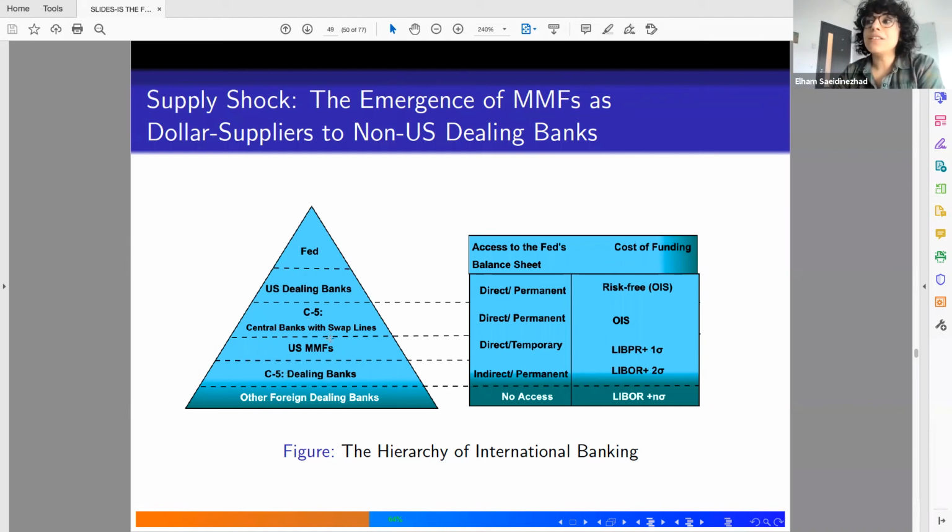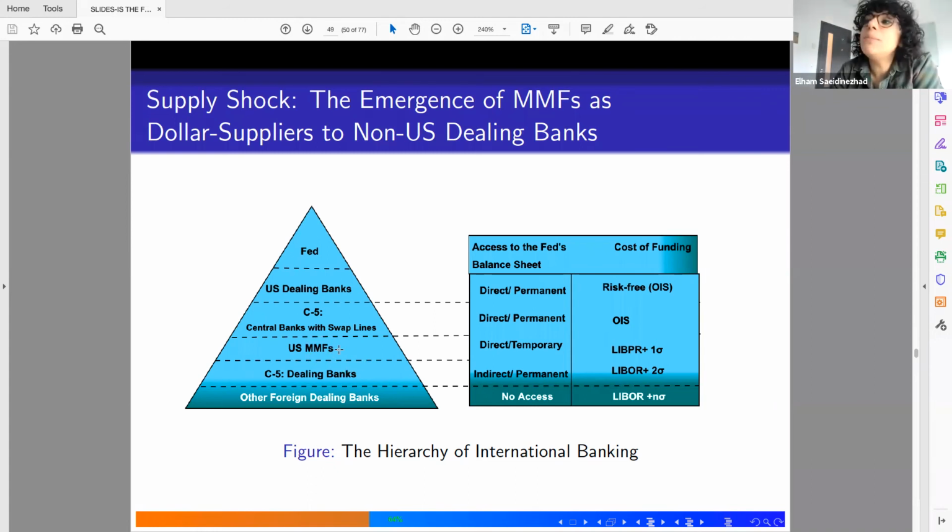Without the crisis, there are these new financial intermediaries, which are the US money market funds that are actually going to supply funding to these non-US banks. So in this case, it is true that money market funds, in order to remain competitive, are not going to charge higher prices.